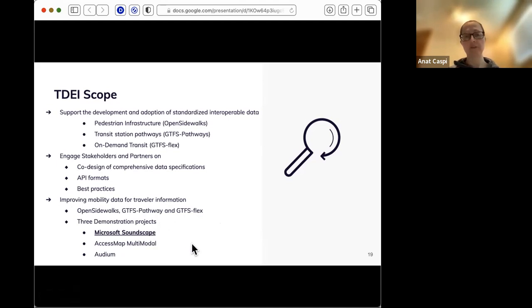And we have 3 demonstration projects that we're going to be working on. The one that's highlighted as Soundscape is because Soundscape was recently sunset by Microsoft. So we're working with the Soundscape consortium to identify a path forward, but we may need to find a 3rd demonstration project.